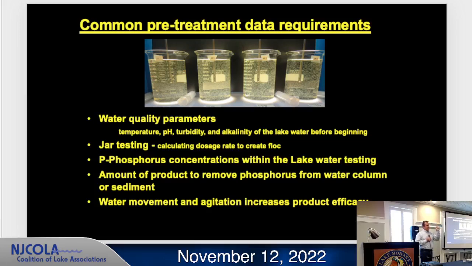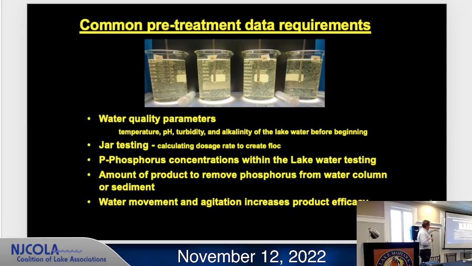At that moment, you're able to adjust and figure out the dosage rate where you're creating that flock. I don't want to get too technical, but there's a lot of pH chemistry and alkalinity chemistry that has to play a role. Once you create that flock, you know: I'm binding. It's working right now.